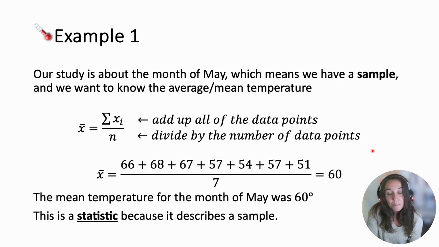That 60 degrees is a statistic because it's now representative of a sample from the population of the entire month, so this is just one sample from it. Okay, so we want to be really explicit and careful when it comes to understanding whether we're dealing with a population or a sample.